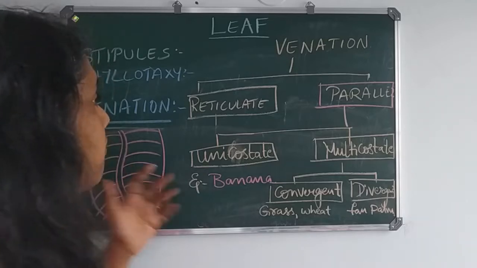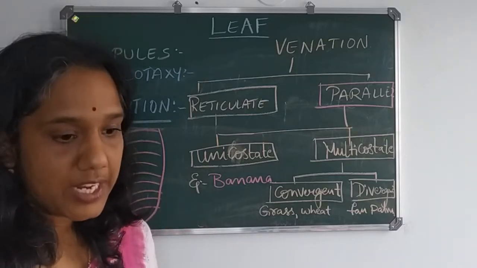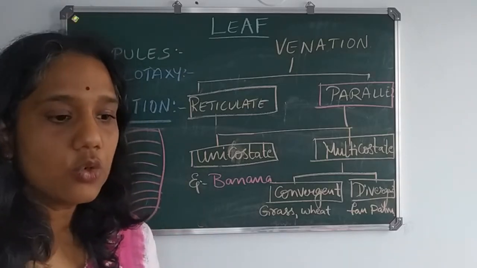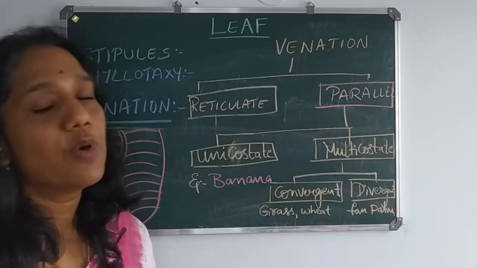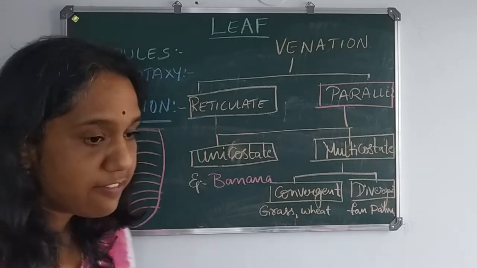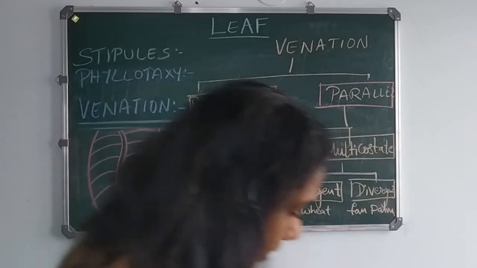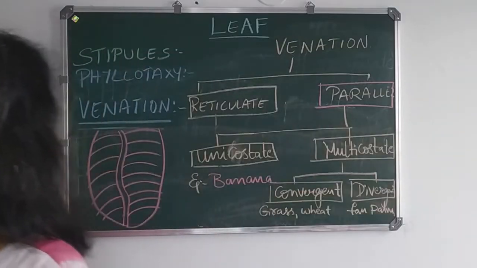So with this we finish what is venation. Then we are going on to the next very important aspect in the leaf. It is called the simple leaf and the compound leaf.